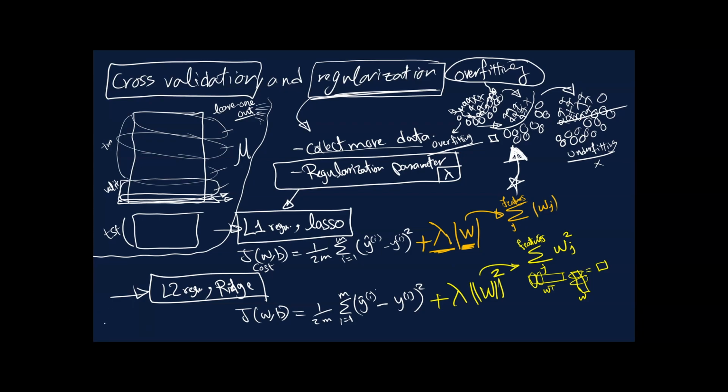The effect of lambda is something that we call weight decay, or we call it weight shrinkage. You will see the two terms being used to describe what is happening here.